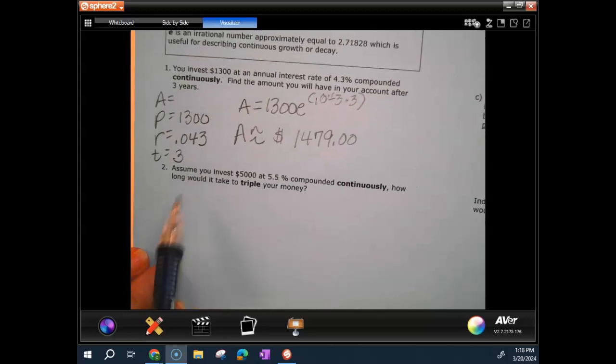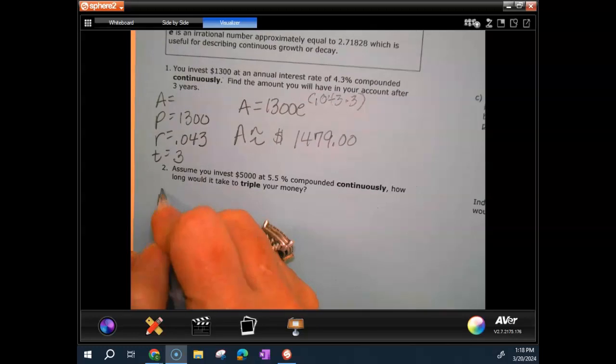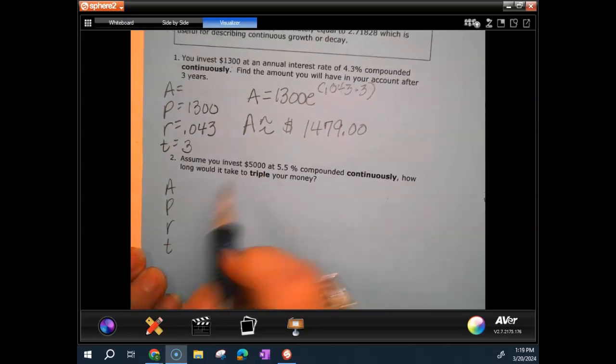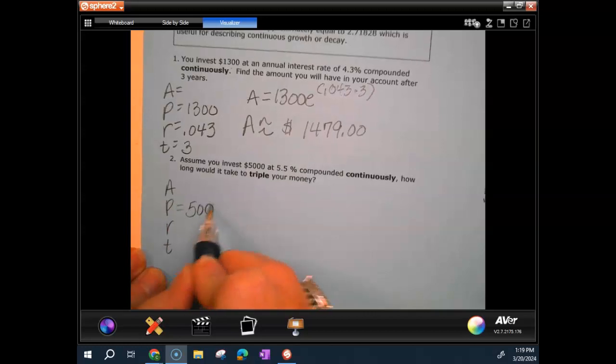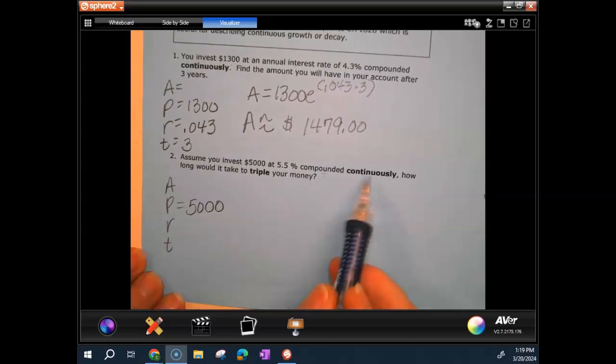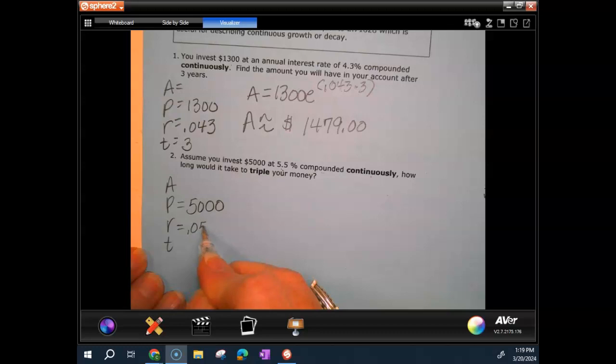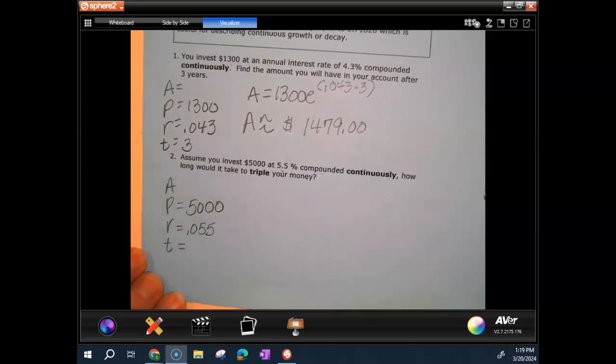All right. The next one, we need the A, the P, the R, and the T. Assume you invest $5,000, and it's compounded continuously, so we're using PERT. The rate is 0.055, and it wants to know how long, so I don't know the time.